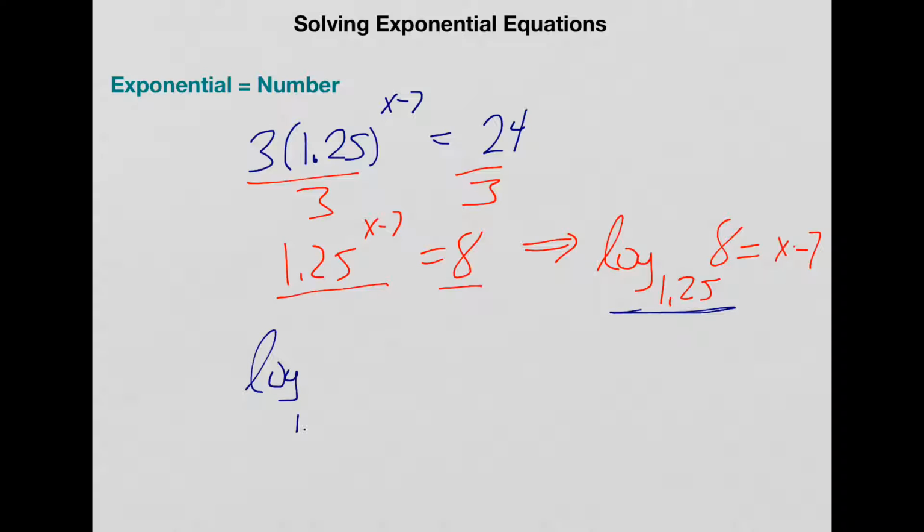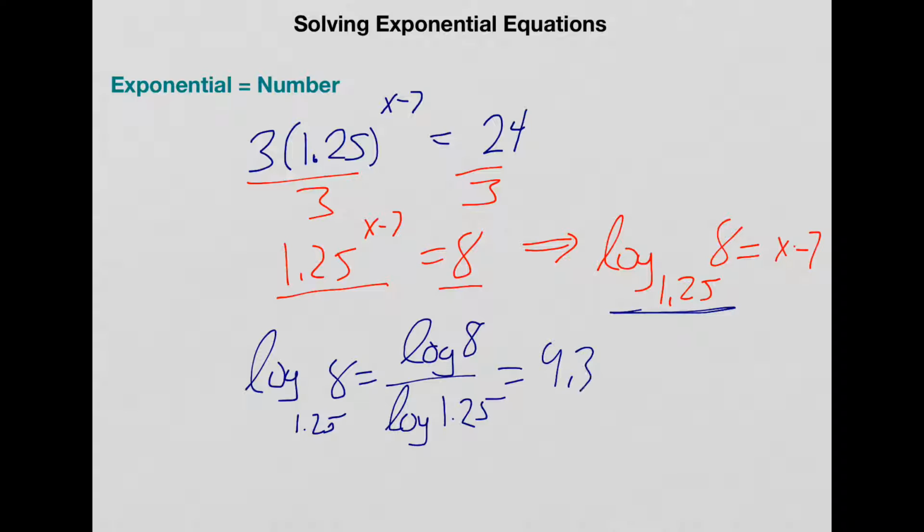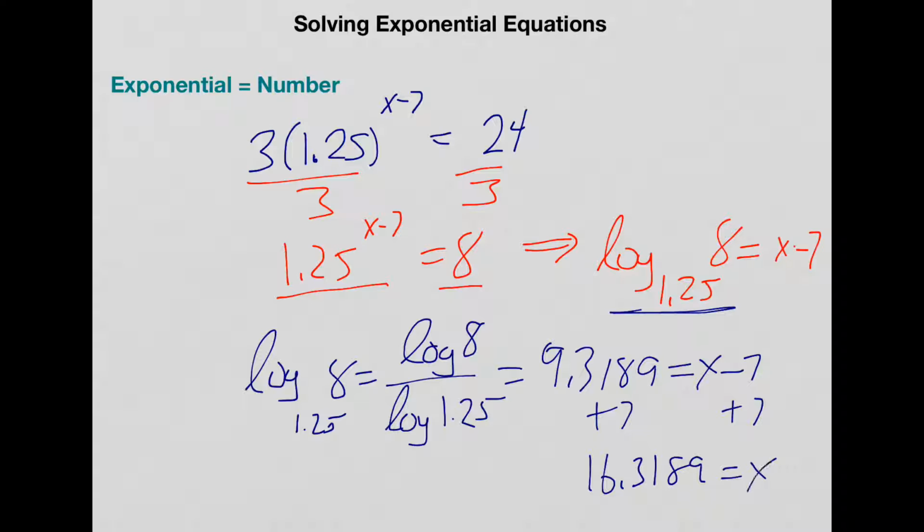The log base 1.25 of 8 becomes the common log of 8 divided by the common log of 1.25. The calculator does that. And I'm going to get 9.3189, plugging into my calculator, equals x minus 7. So I add 7 to both sides, and I will get 16.3189 equals x.